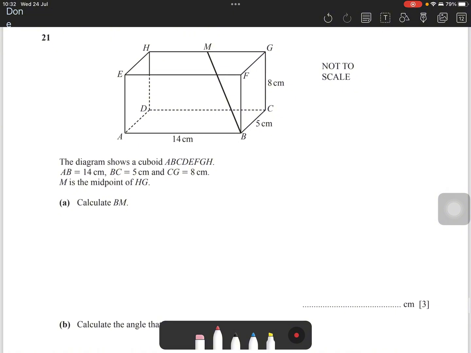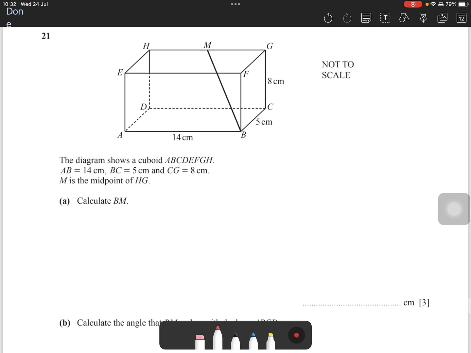Question 21. The diagram shows a cuboid ABCDEFGH. AB equals 14 centimeters, BC is 5 centimeters, and CG is 8 centimeters. A. Calculate BM. To find the length of BM, we may draw a line that is perpendicular to the base from M, and we join these two together.